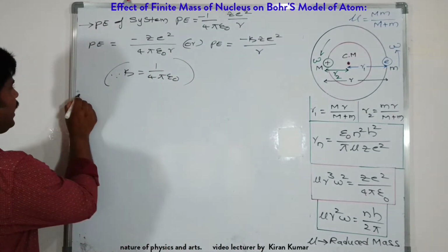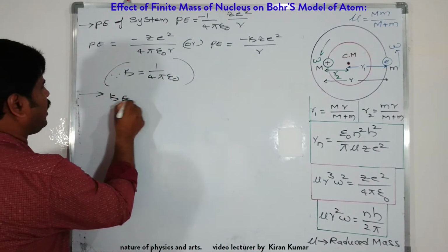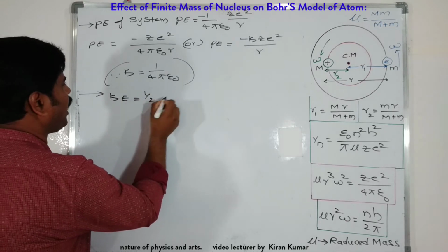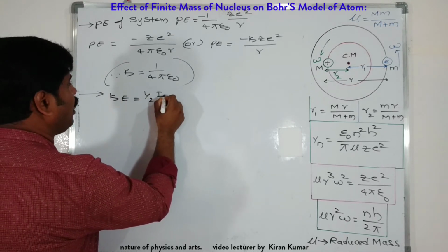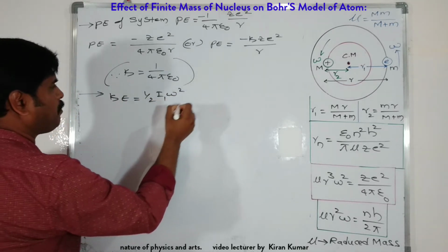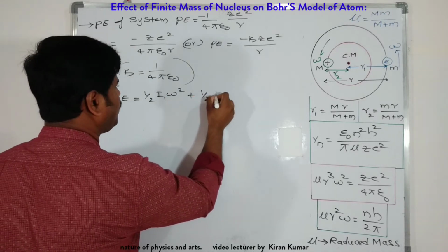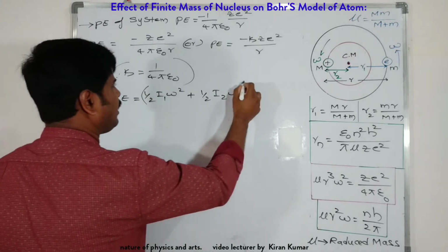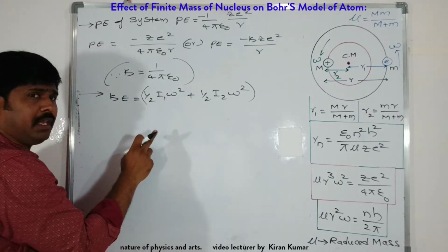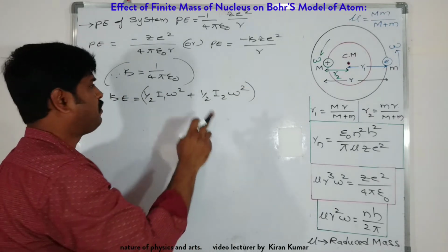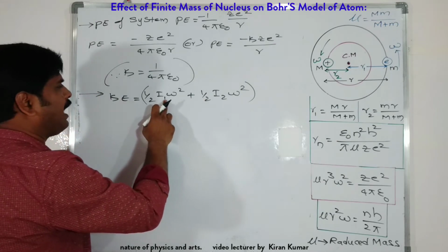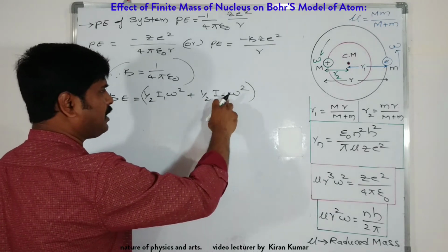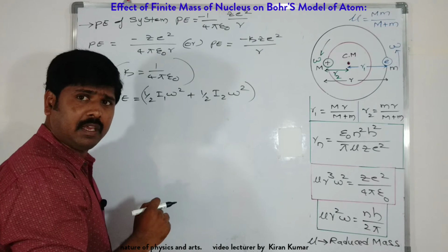For kinetic energy, KE is equal to 1 by 2 I1 omega square plus 1 by 2 I2 omega square. Why are we considering two values here? The first one is for the electron, the second one is for the nucleus.